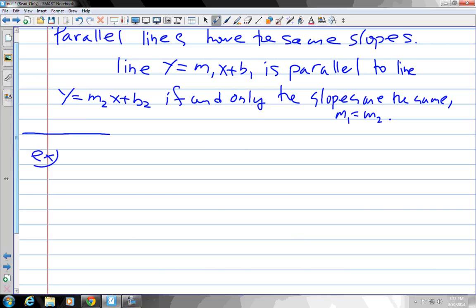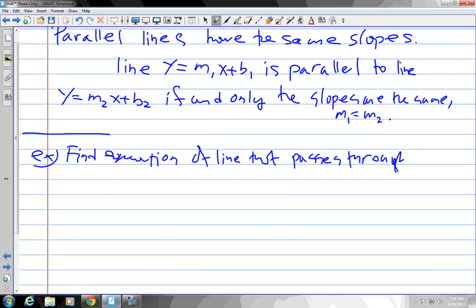But here's an example. Find equation of a line that passes through a point 1, negative 3 and parallel to the line 2x minus 4y plus 5 equals 0.